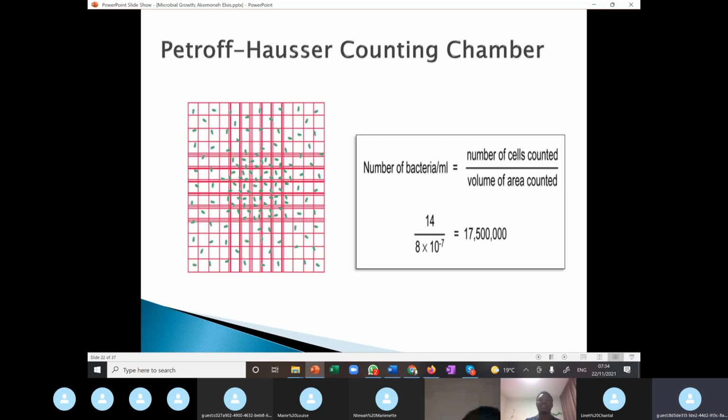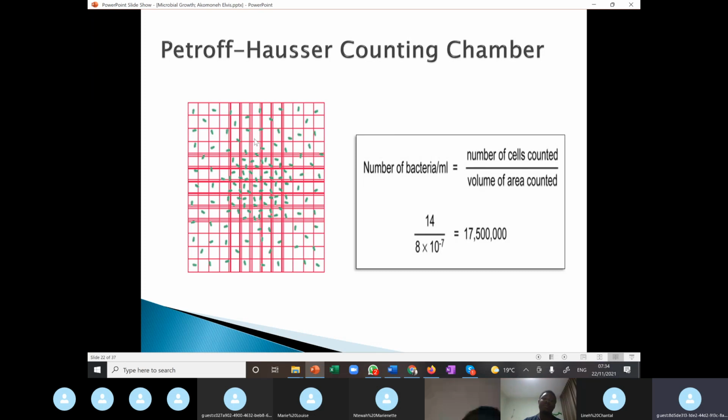There's a specially designed grid that is used for this, called the Petroff-Hausser counting chamber. I'm not sure we'll be able to do this particular one in the laboratory, but those who have been able to witness blood cell counting in medical laboratories will find it a very similar technique.